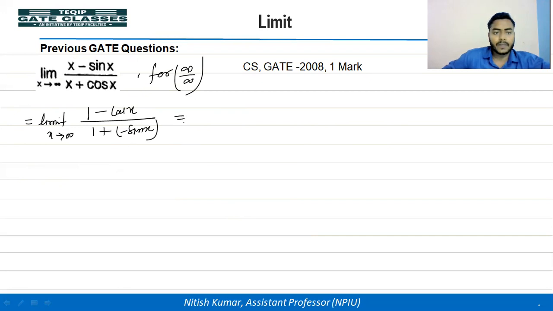Now, what form are we getting? Put x equal to infinity, and what are you getting? So minus 1 to 1 here, minus 1 to 1, right?